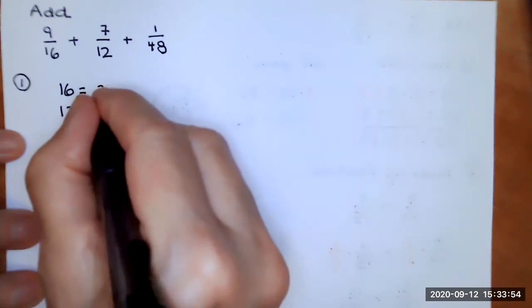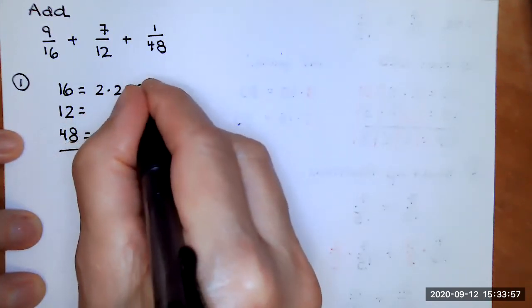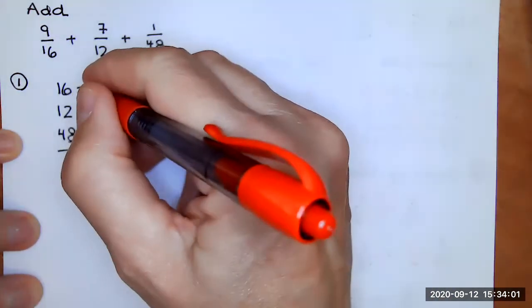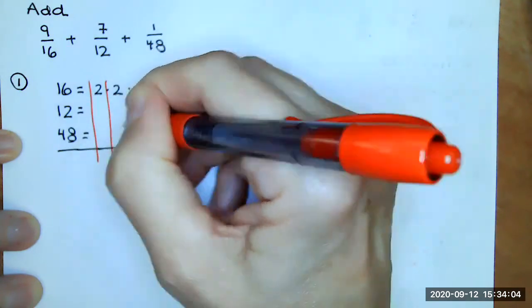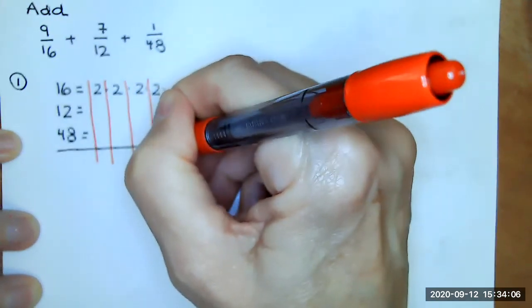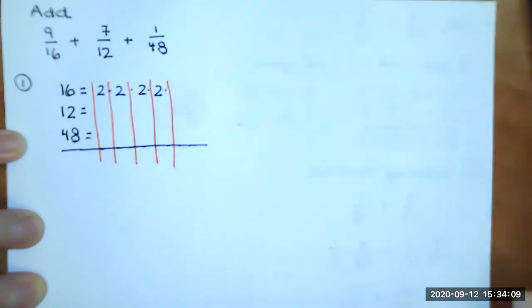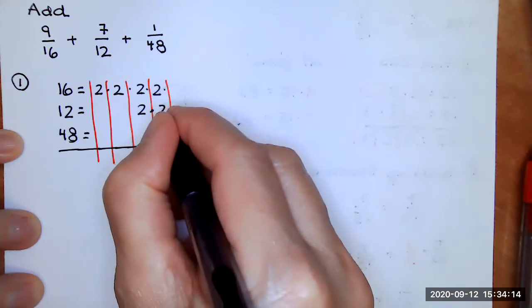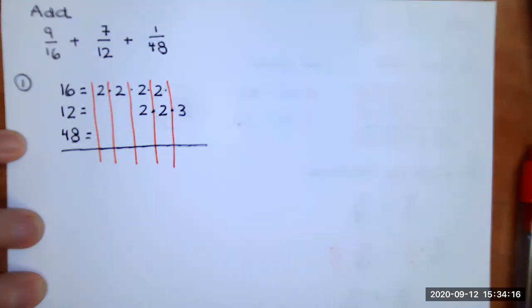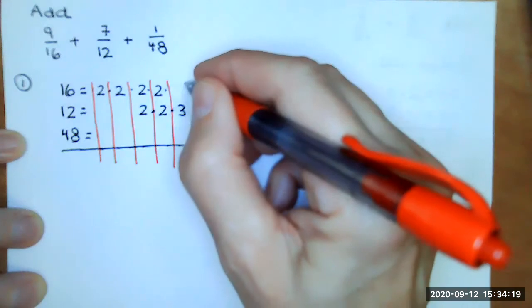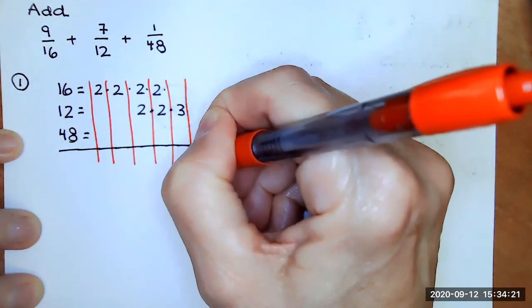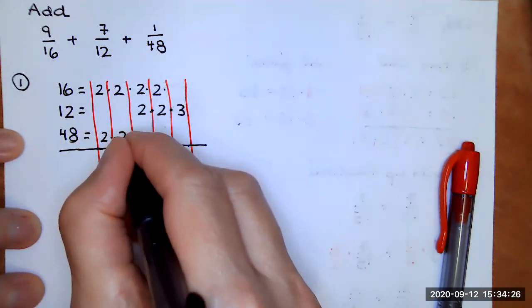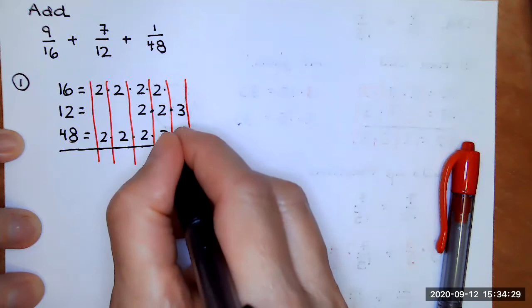So 16 is 4 times 4, or 2 times 2 times 2 times 2. Twelve is 2 times 2 times 3. And 48 is 2 times 2 times 2 times 2 times 3.